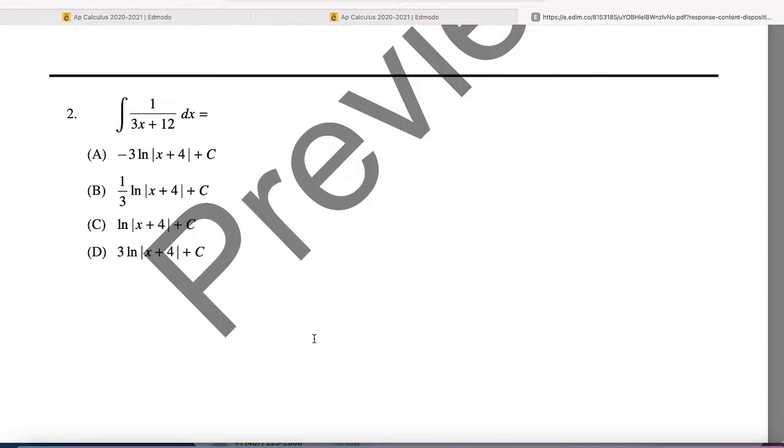How did they get B if you're supposed to factor out the 3? There are 2 ways to do it. One is this, du over 3, that's fine. Wait, du over 3, so it's 1/3.